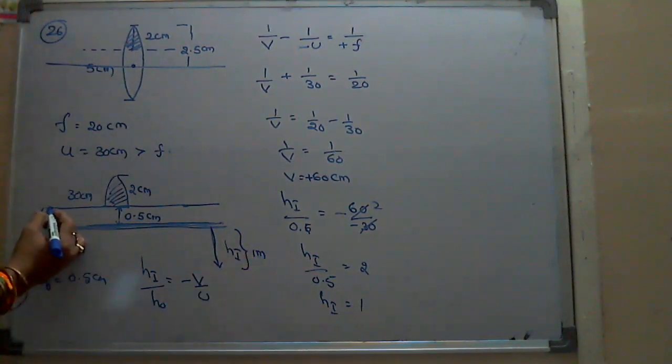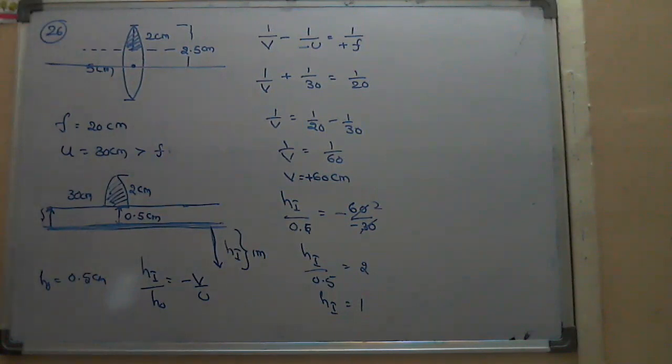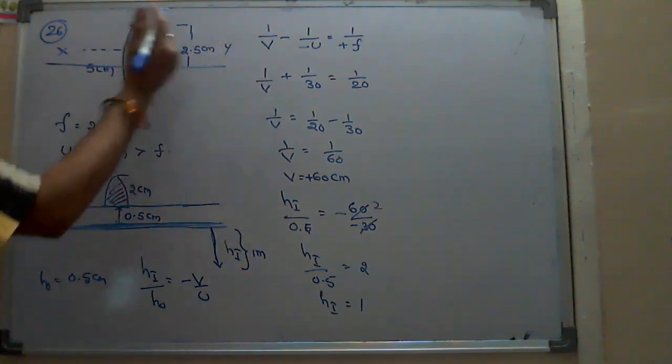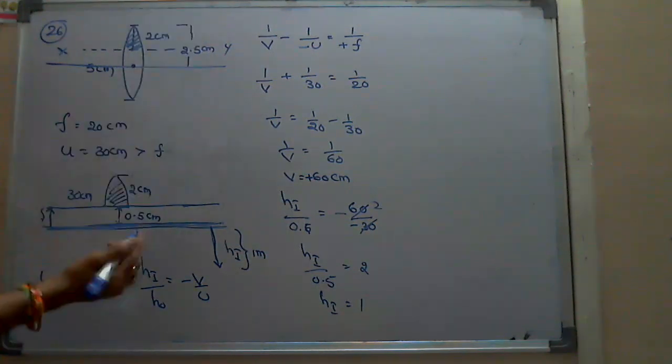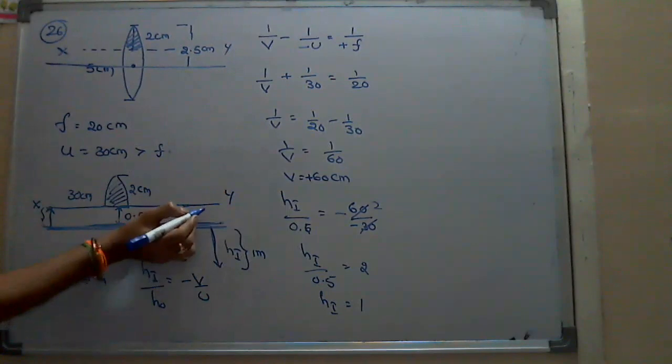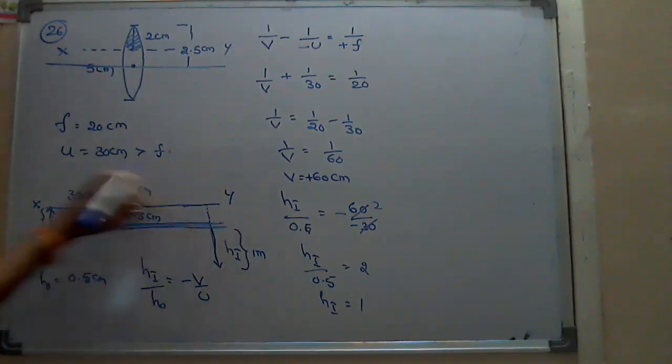But he is asking where the image is formed, if you look at the options, by taking this one as a reference line, okay, not the original principal axis, this one as a reference line, XY. So below XY or above XY, you have to say. Below this XY line, at how much distance?